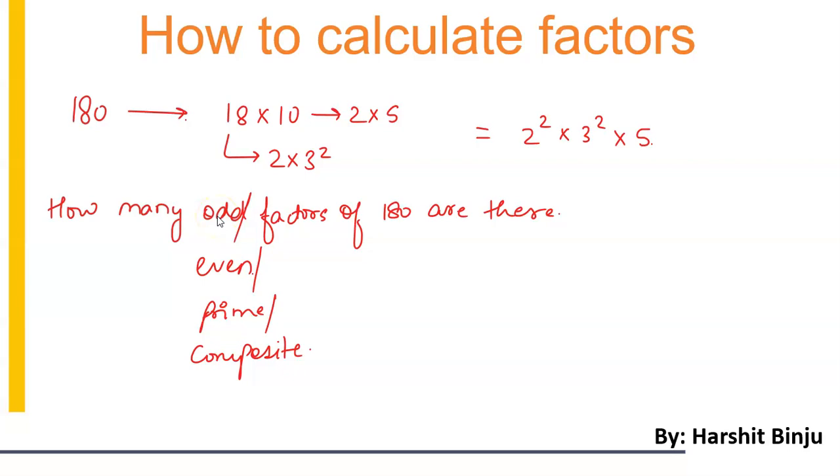Now you need to know this. If you want the result to be odd, then the numbers have to be odd. What I mean is, if I'm multiplying two numbers, there are only four things which are possible.